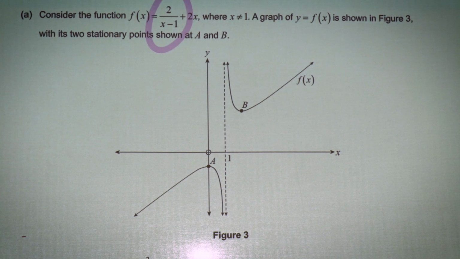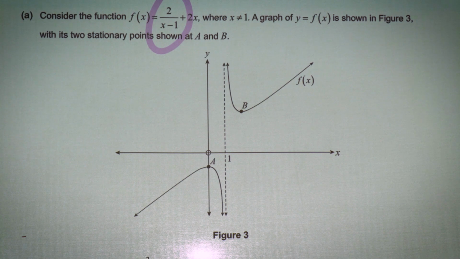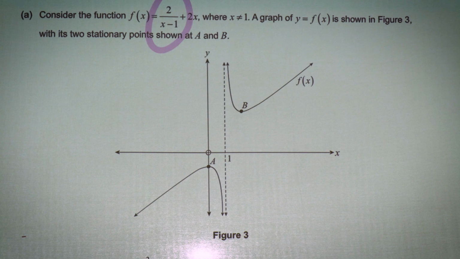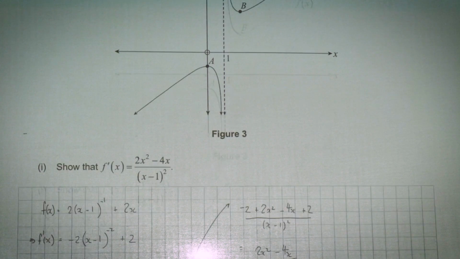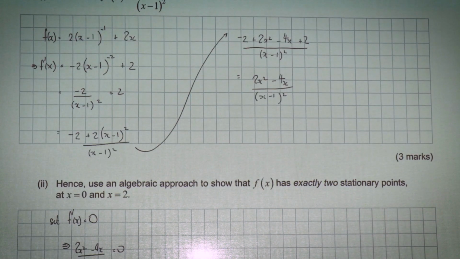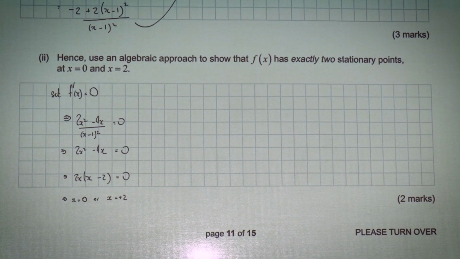This function 2 on x minus 1 can be turned into a function 2 times (x minus 1) all to the power of negative 1. Then it's just a little bit simpler to work with. So I think students that recognized efficient ways of working in this question were really rewarded. Students who tried the more brute force methods, many of them were still successful, but they lost their way sometimes. So making sure that things are really clear in part 1, then in part 2, an algebraic approach.